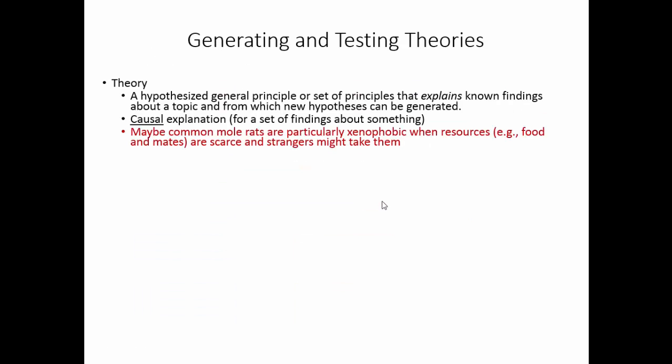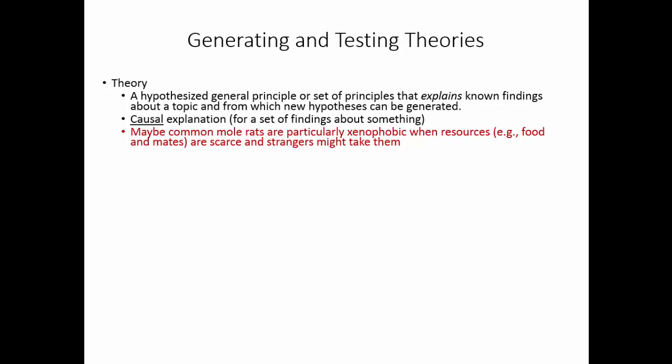Here's a longer definition of a theory. It's a hypothesized general principle or set of principles that explains known findings about a topic and from which new hypotheses can be generated. Shorter way to say it, like I've been saying, it's a causal explanation from which you can derive new hypotheses, generate new predictions.